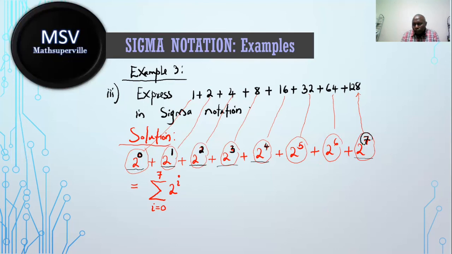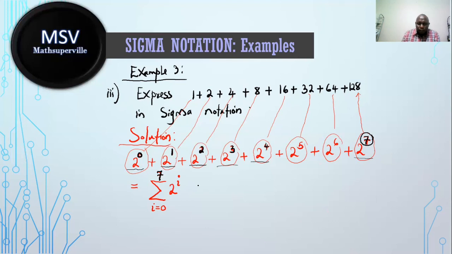When you get to the exponent of 7, you have reached your upper index of summation. And therefore, we are able to condense our summation accordingly.